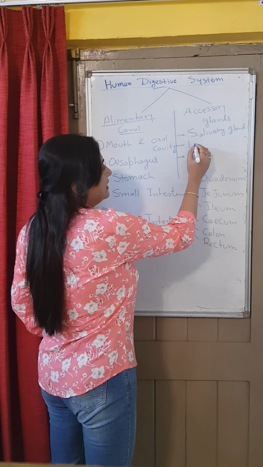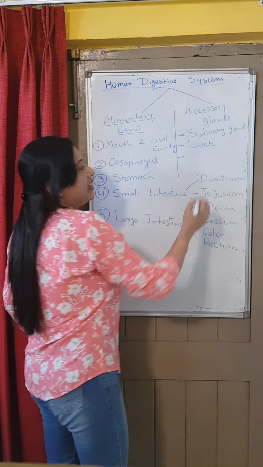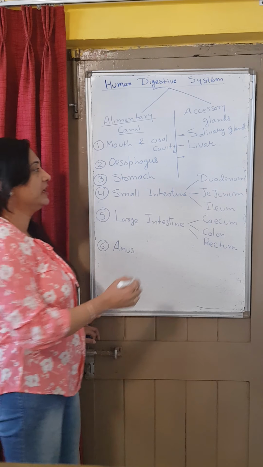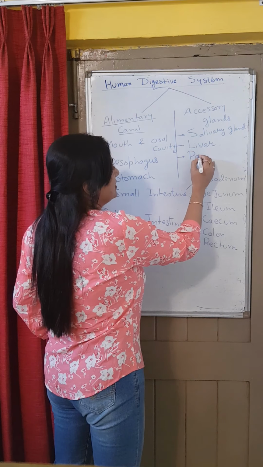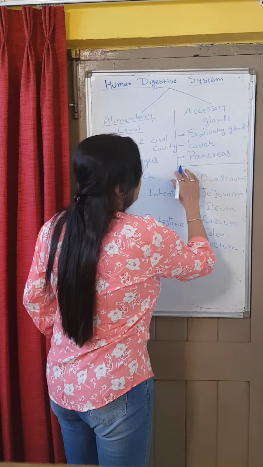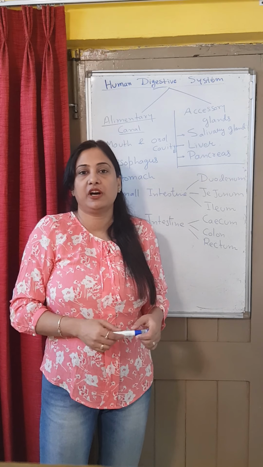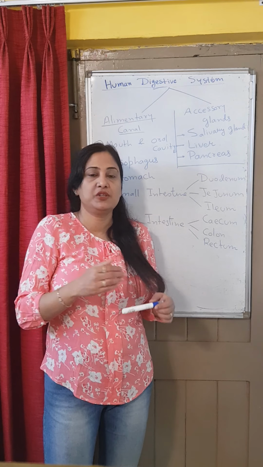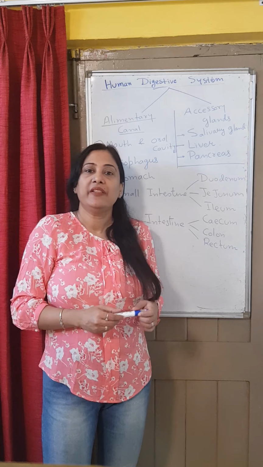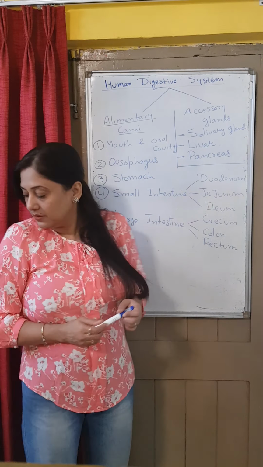Second is a single liver. Liver is the largest gland of human body. And third is pancreas. These 3 glands, they are situated outside the alimentary canal, but they pour their secretions into the alimentary canal through ducts that help in the digestion of food.